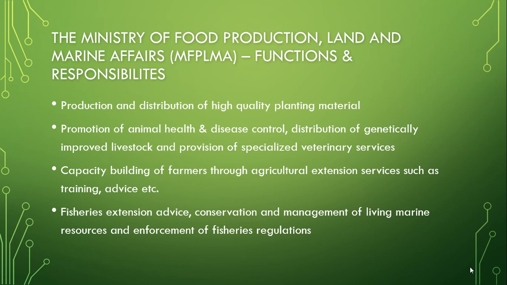So they make available to the farmers a lot of high quality crop seeds, etc. Promotion of animal health and disease control, distribution of genetically improved livestock, and provision of specialized veterinarian services. So they provide assistance and support to the farmers in all of these areas.